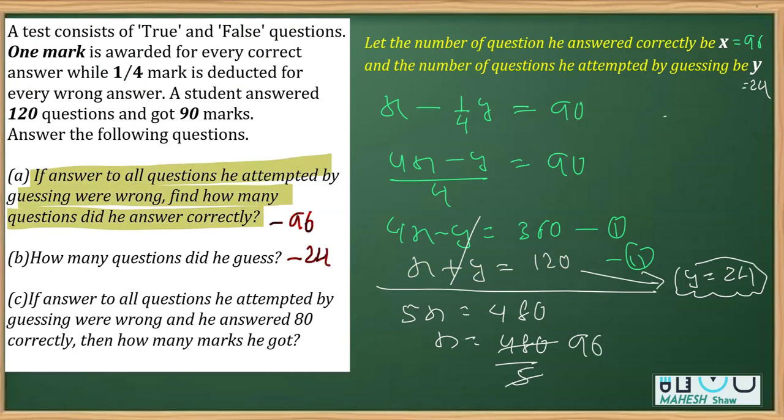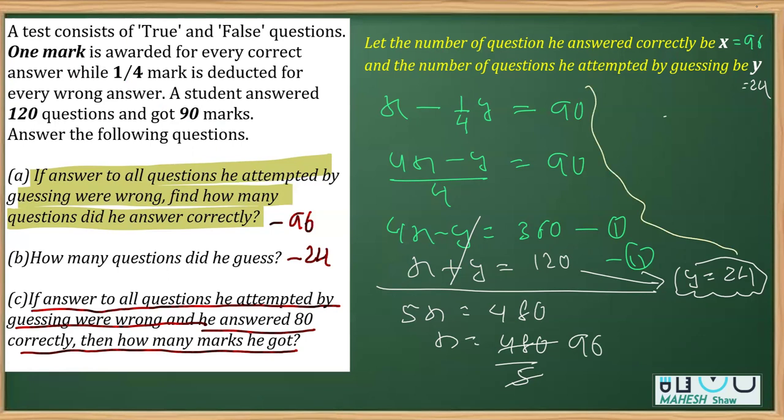Now in the next part, it says if answers to all the questions attempted by guessing were wrong, once again the same situation, and he answered 80 correctly, then how many marks did he get? Here he is getting 1 mark for every correct answer, so he will get 80 multiplied by 1.